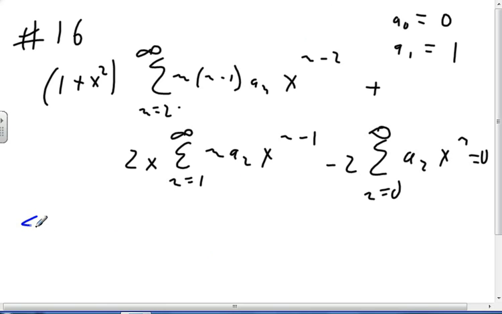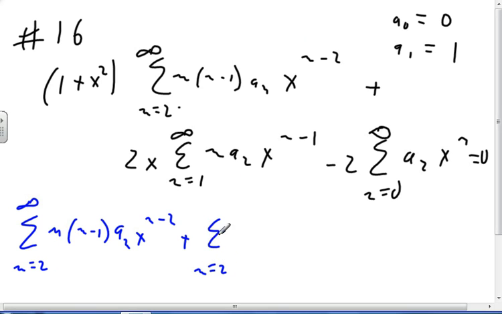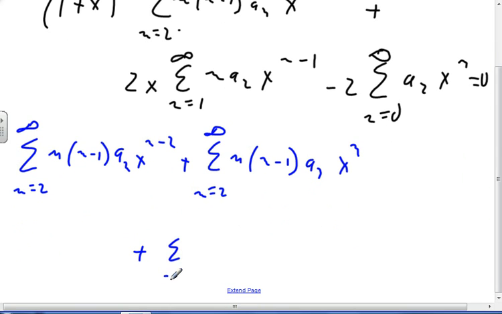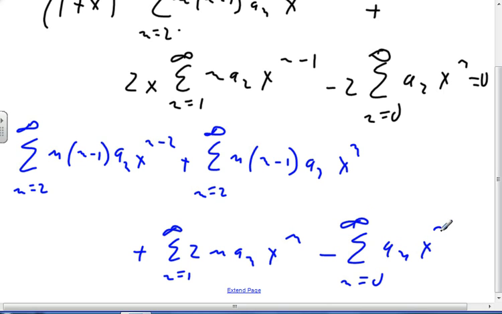Okay, so I've got summation 2 to infinity n minus 1 an x to the n minus 2, plus summation 2 to infinity n minus 1 an x to the n, plus summation n equals 1 to infinity 2n an x to the n, minus summation n equals 0 to infinity an x to the n is equal to 0.